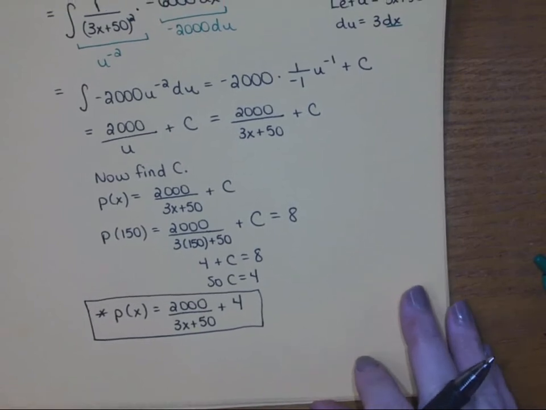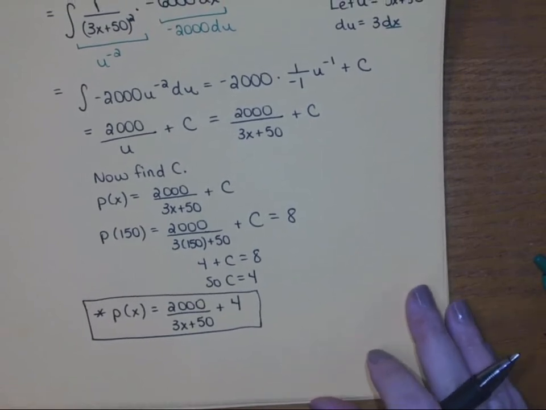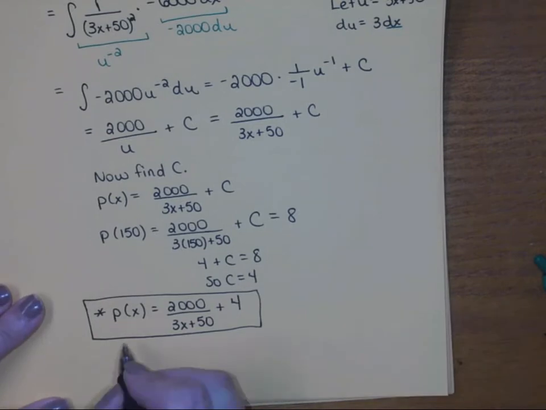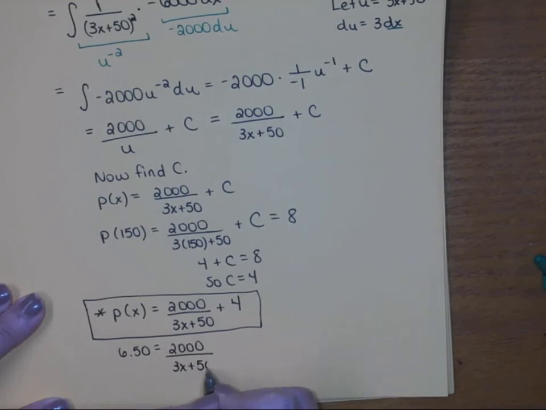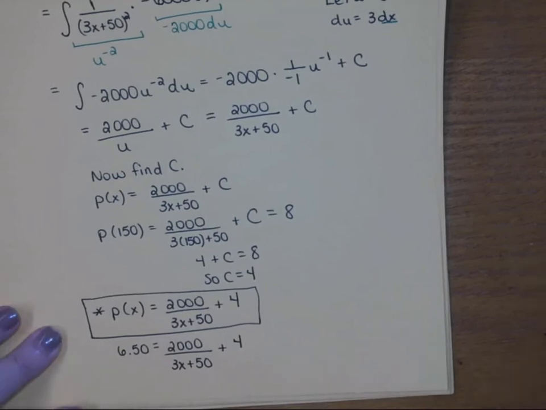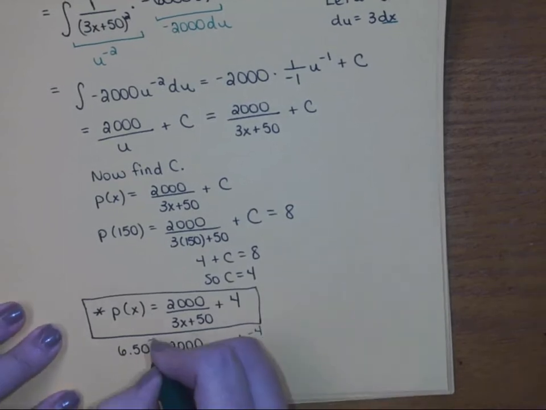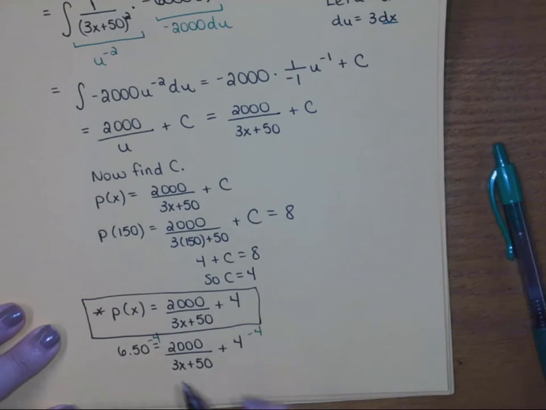And then the second question says, what is the demand when the price is $6.50? Okay, so now they're asking you to use this equation. So if 650 is the price, then what must the x have been? That's what they're asking. So this is just a little bit of algebra. Okay, so if we subtract 4 from both sides, we're going to get 2.50, right, equals 2,000 over 3x plus 50.